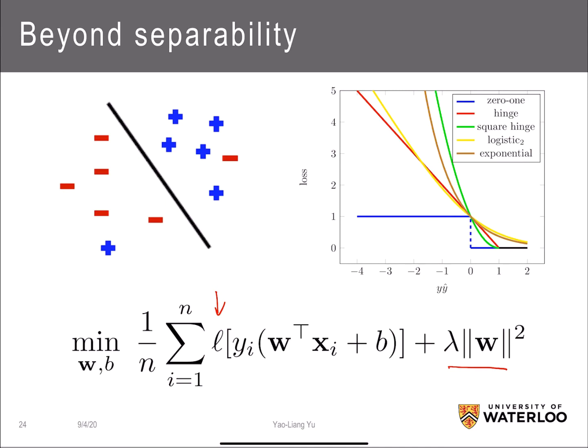And depending on what loss function you pick, you have to use a different algorithm. For example, if you pick L to be the logistic loss, then you get the so-called logistic regression in machine learning. And then you can use Newton's algorithm because this loss is very smooth, as we'll see later. And if you use the hinge loss in red, that's the support vector machines.